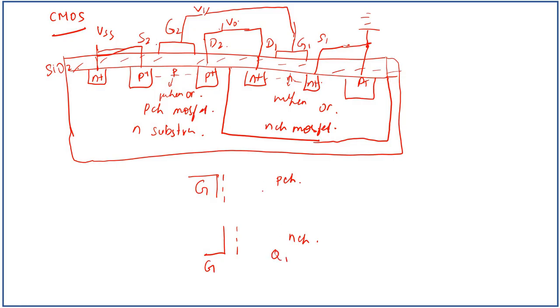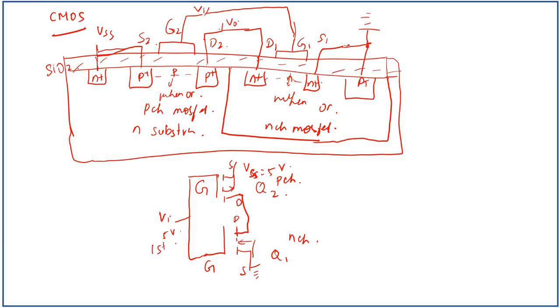We call this Q1 and this Q2. Here we have VSS equal to 5 volt, and this is the substrate connection, and this is drain. Both the drains of Q1 and Q2 are connected. This is the source here, connected to ground. This is the substrate connection, and both the gates are connected to the input voltage VI, which is 5 volt.